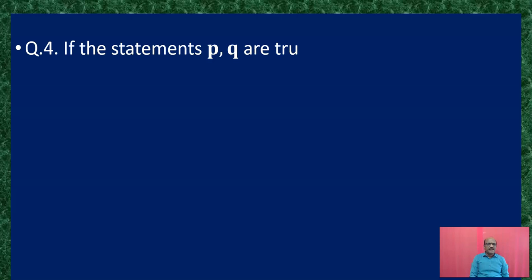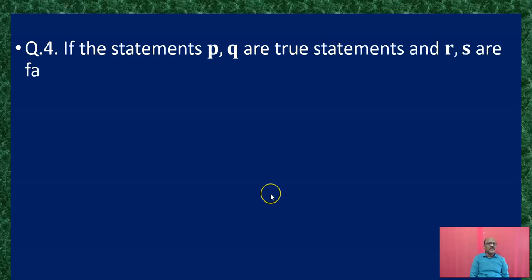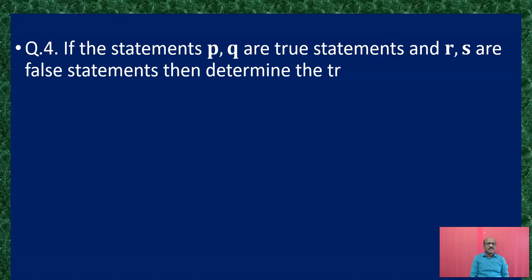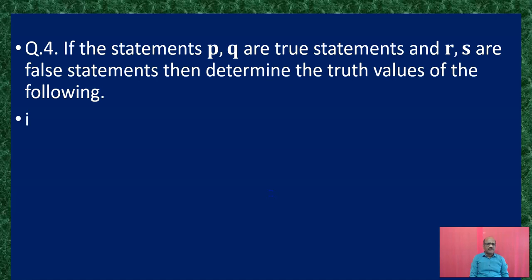Okay. The next is: if the statement patterns P, Q are true statements and R, S are false statements, then determine the truth values of the following. First, P or (Q and R).